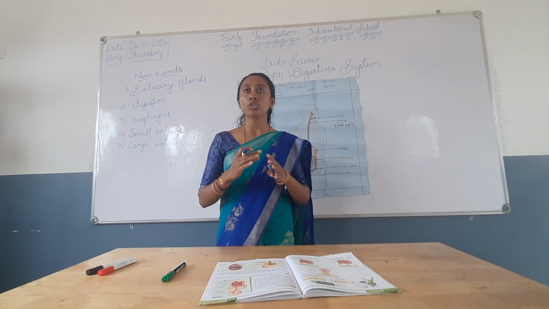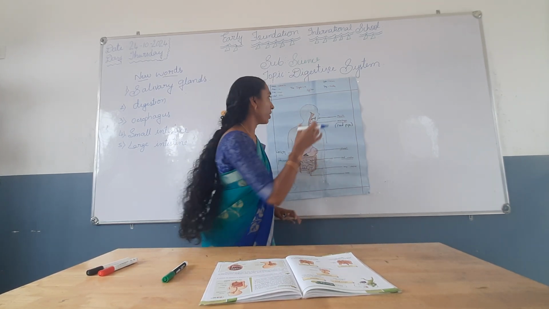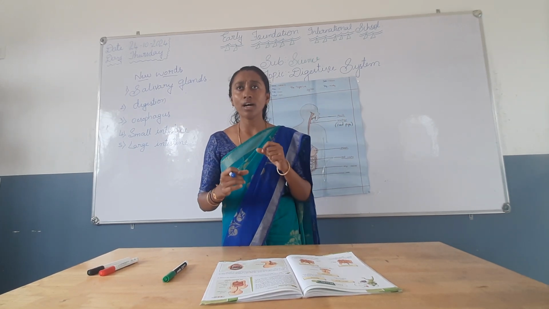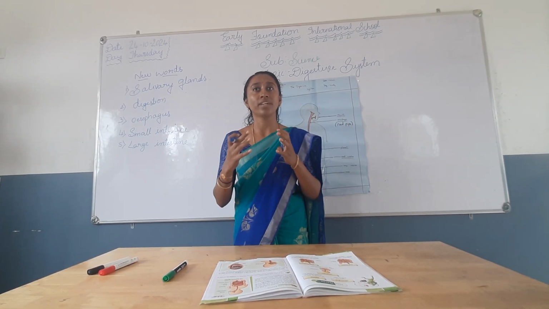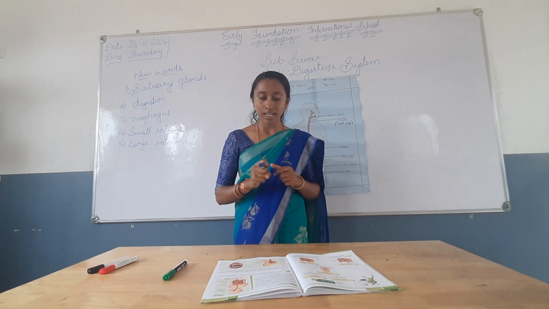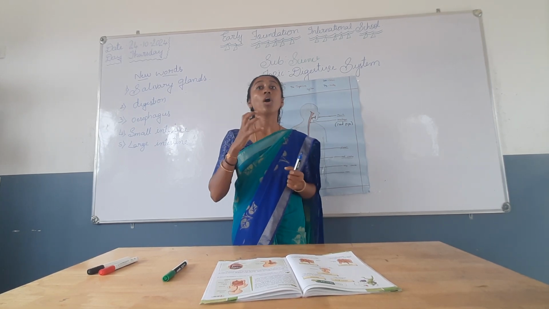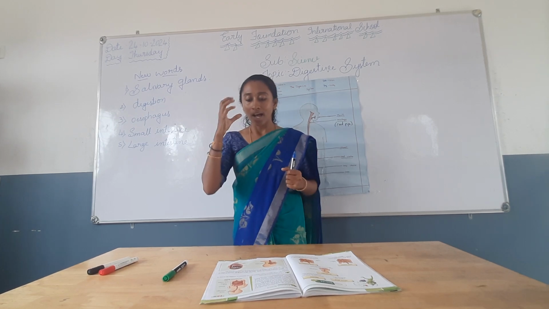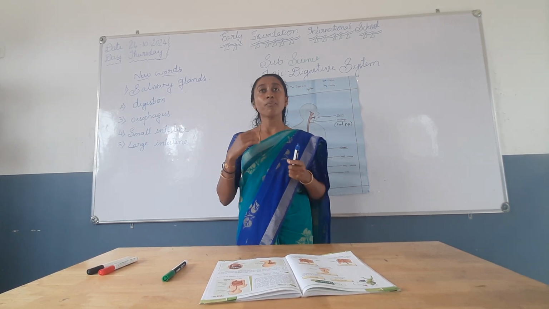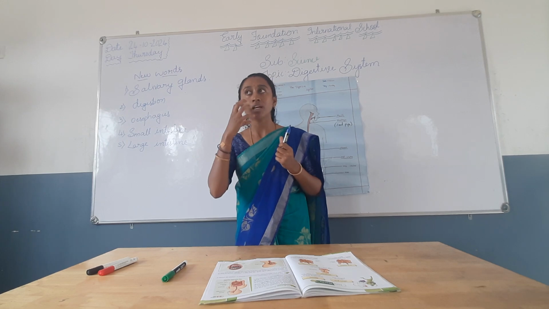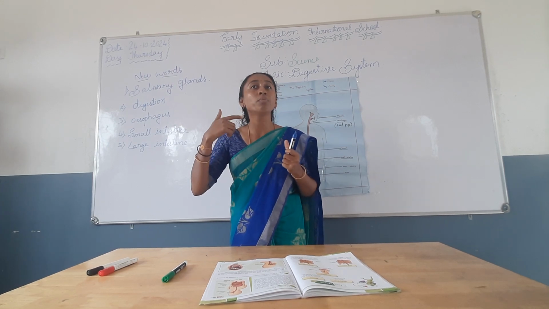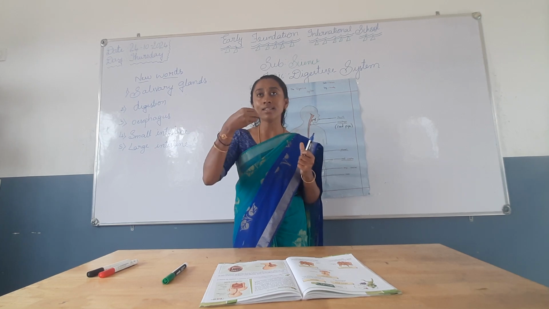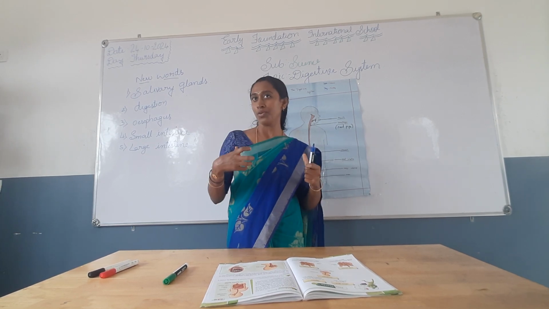First we will go through one by one. First main part is mouth. What will it do in the process of digestion? When we eat something, teeth help to cut the food and chew the food. When we are chewing the food, the salivary glands produce the saliva, so easily we can swallow the food.